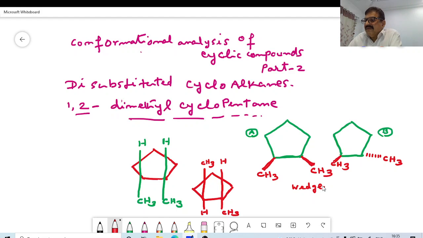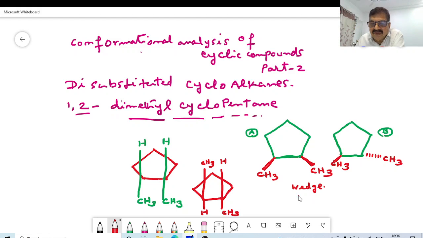Wedges, bonds in front of the plane of the ring, then dashes, bonds behind the plane of the ring. Now if a carbon is bonded to a methyl group on a wedge in front of the ring, the presumption is that the other atom bonded to the carbon is hydrogen behind the ring, and it is to be represented by a dash.